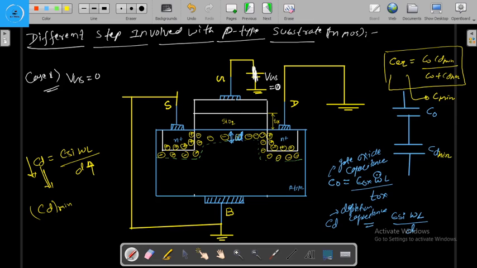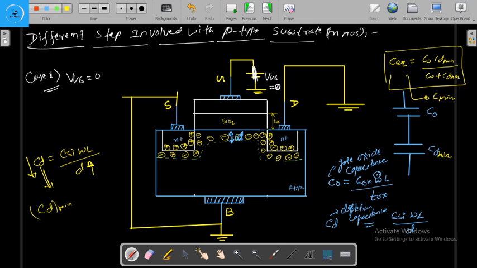For the first one, when the gate to source voltage is 0, or when the gate voltage is grounded, and the drain is also grounded, and the body is connected with the source and it is also grounded.